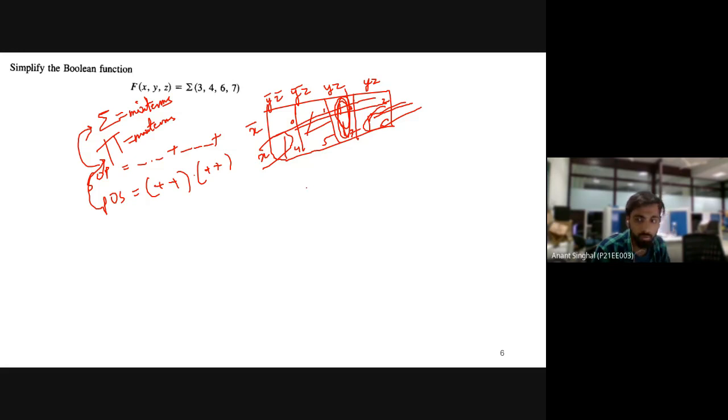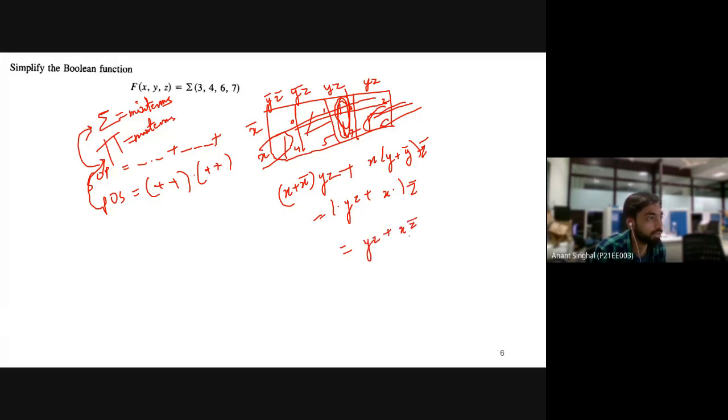So if I check this, I hope you know this is nothing but x plus x bar into yz plus, if I try to solve these two, then it will be x and then y plus y bar into z bar. So this will be 1, we have studied that, 1 into yz plus again x into 1 into z bar. So 1 multiplied by any variable will be the variable itself, so it will be yz and then xz bar. So this is the final answer, the simplified expression.